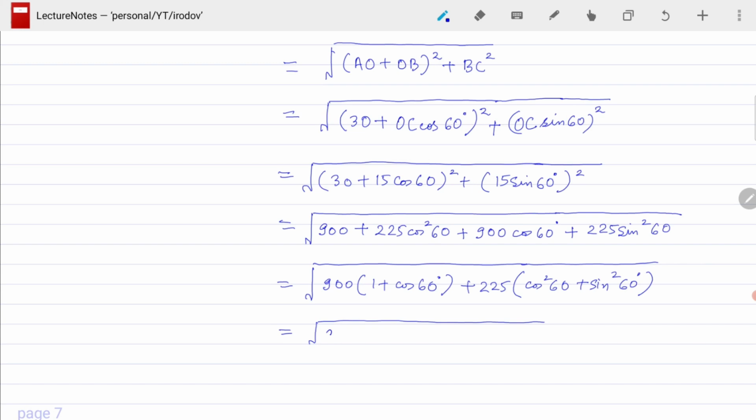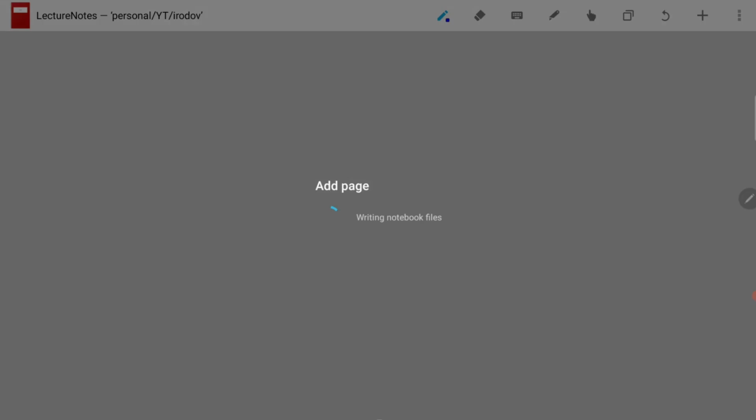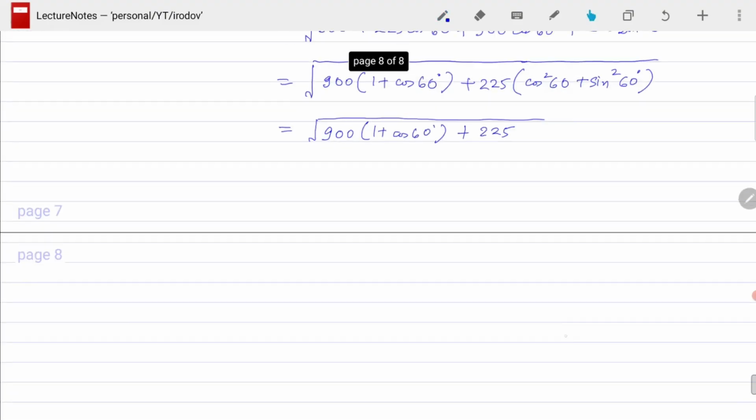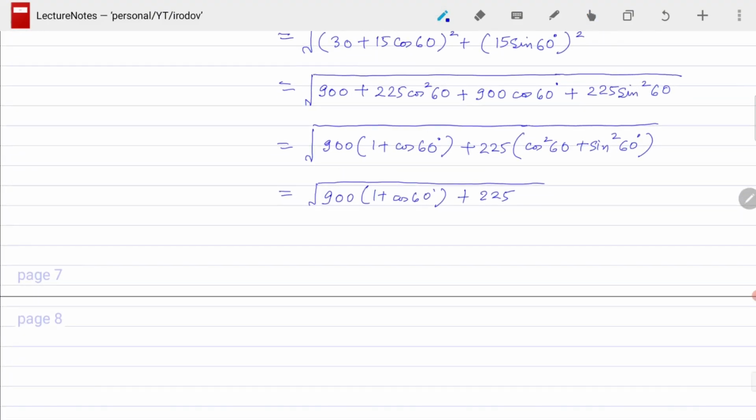So we get 900 times 1 plus cos 60 degrees, plus 225. Cos 60 degrees is 0.5.